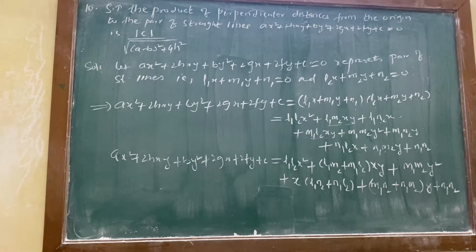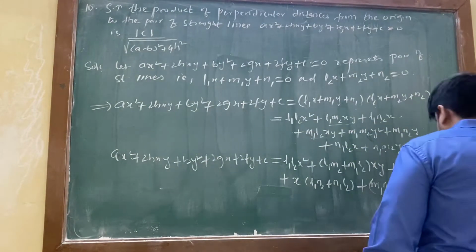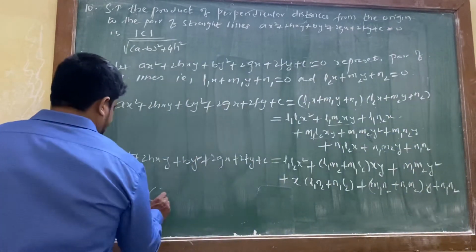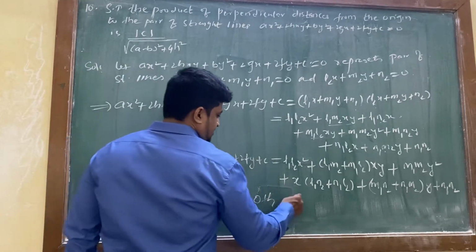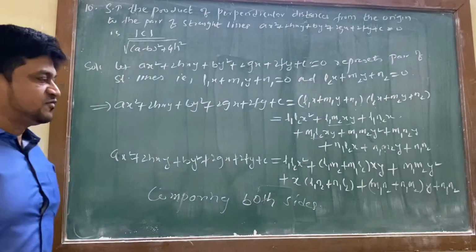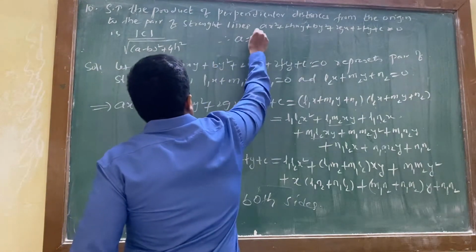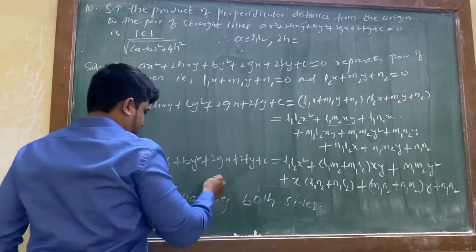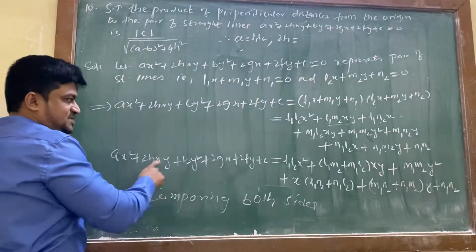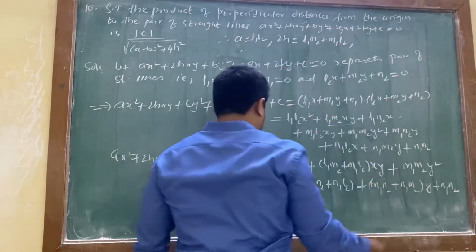Comparing both sides, if we compare both sides, what will we get? We compare x square: A is L1 L2, then xy: 2h is L1 M2 plus M1 L2.